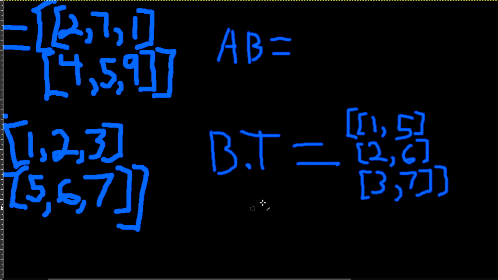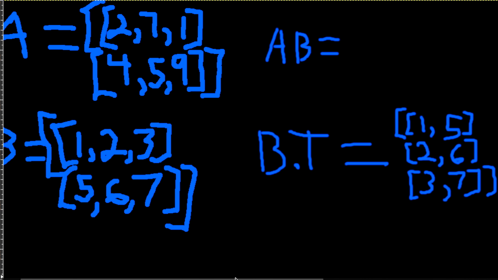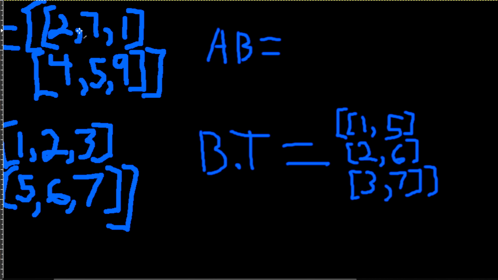Now B is transposed. Then for A, what it'll do is take the 2, 7, 1 and rotate it by 90 degrees to the right as well. Multiply the 2 with the 1. So 2 times 1 is 2. I'll write down intermediate parts here. And then 7 times 2.